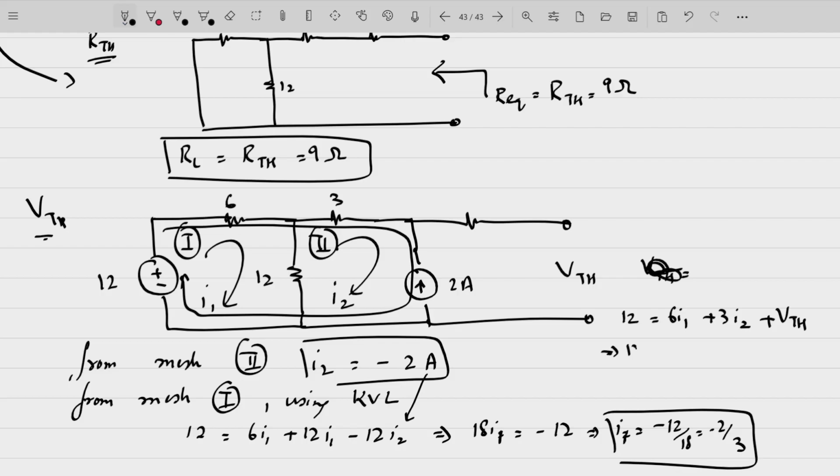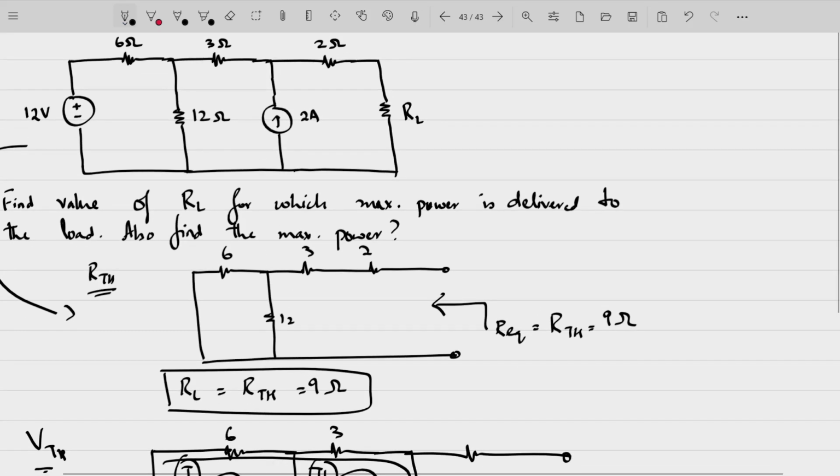So 12 is equal to 6I1, with I1 equal to minus 2 by 3, plus 3I2 minus 2 plus VTH. So VTH from here comes out to be 22.